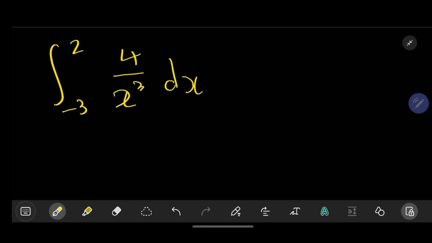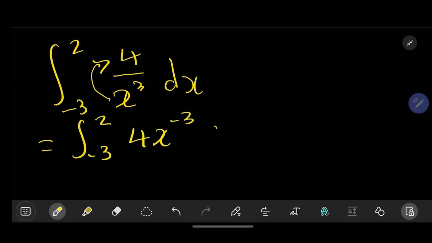So what do you think we do in this case? If you look at my integrals video, what we always try to do is bring this to the top. So this can be written as the integral from -3 to 2 of 4x to the -3 dx.